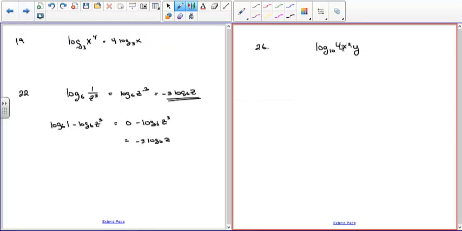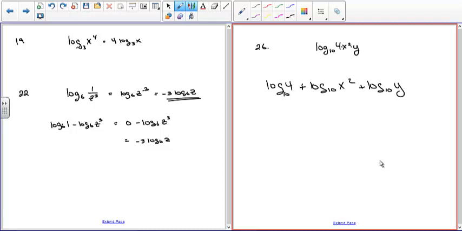Now what we have here is a product. Some of them are squared and some of them are not. So when you have a multitude of products, you're going to use the product rule first. We can't bring this squared out because the squared only applies to the x part. So what we'd have is log base 10 of 4 plus log base 10 of x squared plus log base 10 of y.